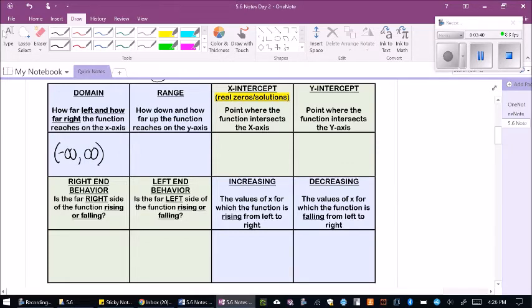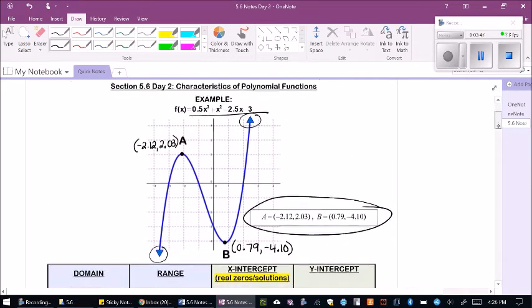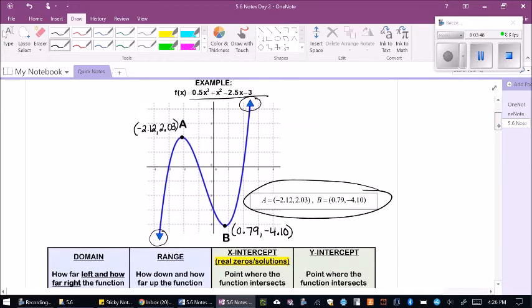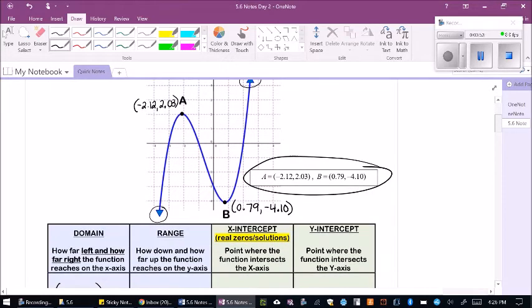Now my range was a little bit trickier. So with the range, we're looking at the y values for that. And so we want to look for the lowest y value. So I like to look at the bottom of the graph. And I'm going to see that I have an arrow here.